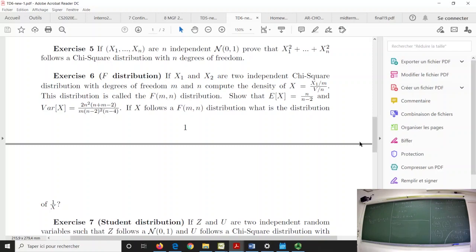Okay. The other one. Let's go to this before.